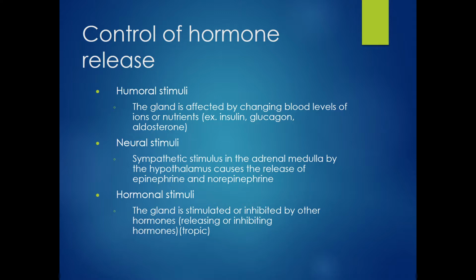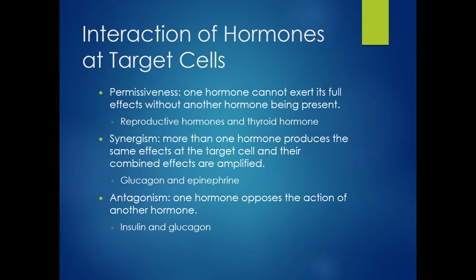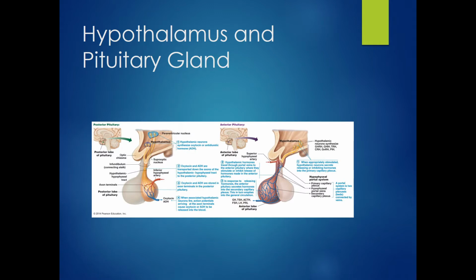The prolactin, or the lactiferous cells in the breast, the epithelial cells there that produce milk, is going to be a hormonal stimulus. Actually, no, the inhibition of that would be a hormonal stimulus from the hypothalamus onto the anterior pituitary. Here's just a picture that shows the different kinds of stimuli. All right, we're not even going to go into that because your book doesn't even talk about that.